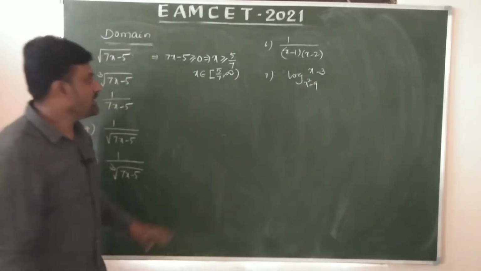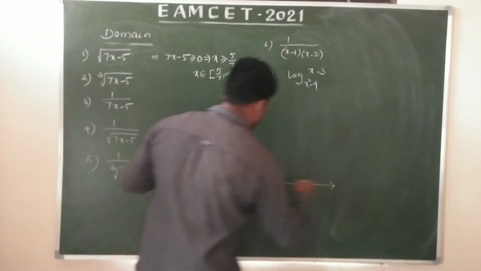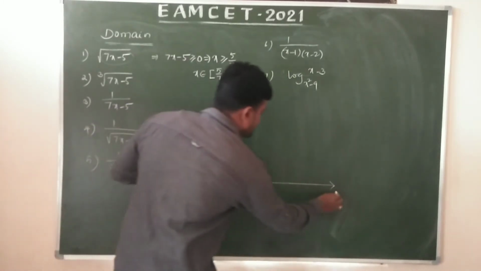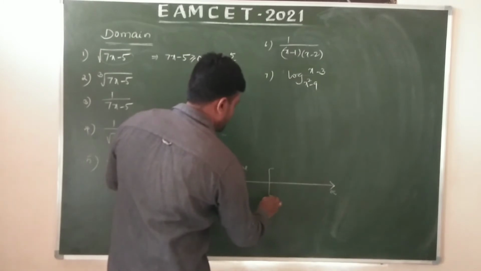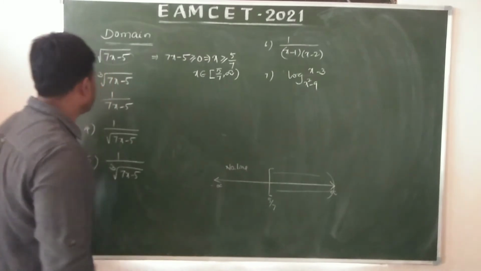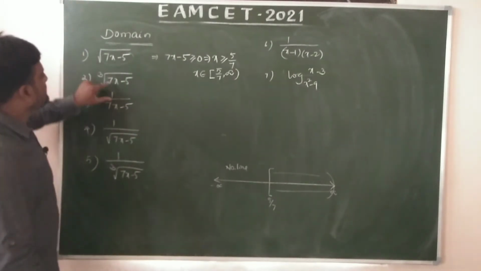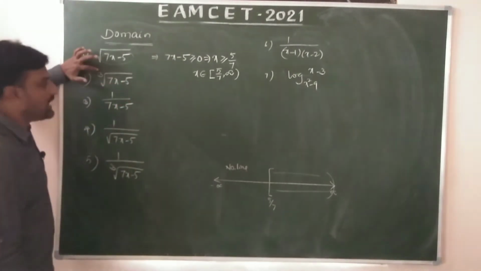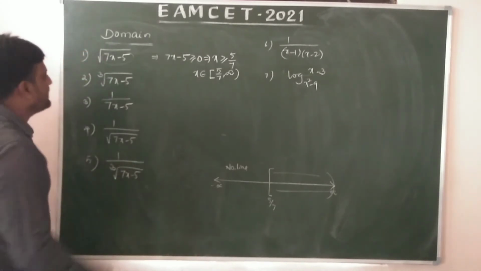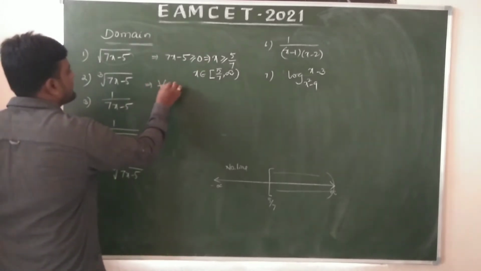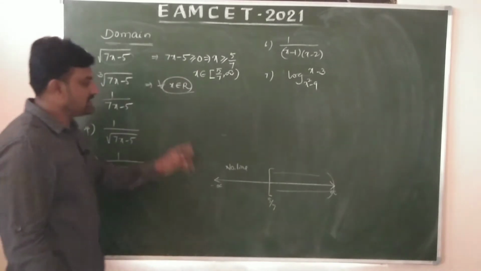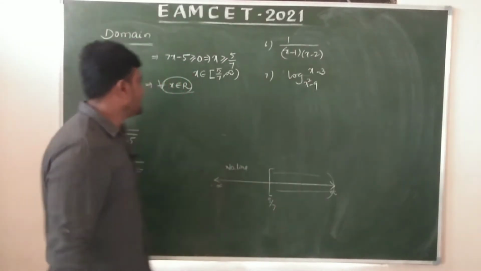On the number line, from minus infinity to plus infinity, the domain is 5 by 7 comma infinity. Now for the cube root of 7x minus 5, the function is inside an odd root, so for all x belongs to R. x is real, taking all the values, so the whole set is the domain.